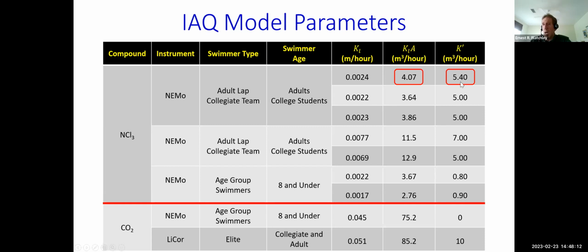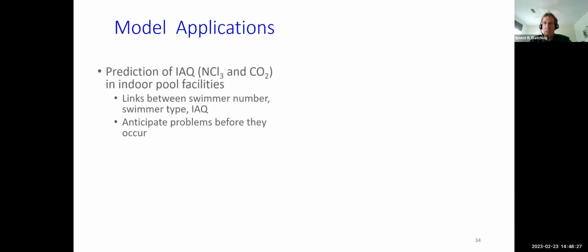And if you put several hundred swimmers in a pool, then the background or ambient mass transfer that takes place just by circulating water through the treatment system becomes negligible. So the swimmers play a dominant role in moving compounds from the liquid phase to the gas phase.